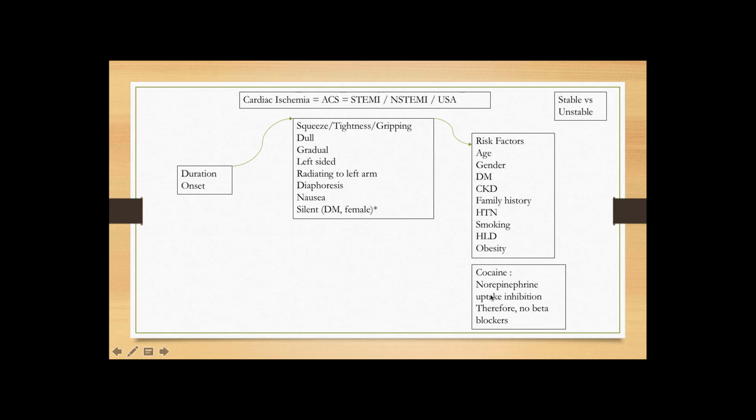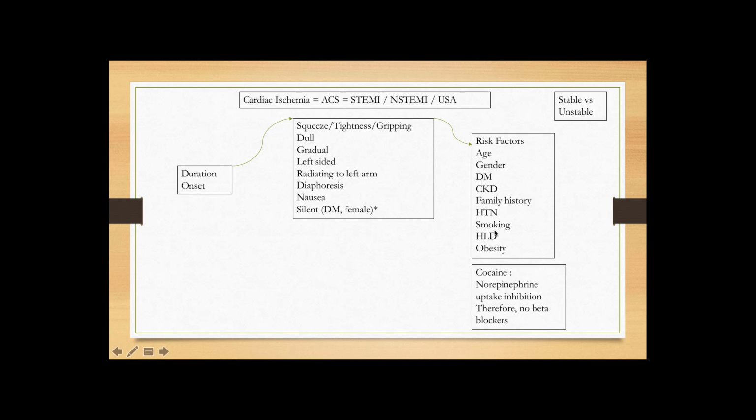Regardless, although patients may use cocaine and they come in with cardiac ischemia, in the long run, even then the biggest risk factor, if the patient is a smoker also, for long-term cardiac ischemia would be smoking. So cocaine does not cause lifelong or long-lasting injury necessarily as much as smoking will cause.